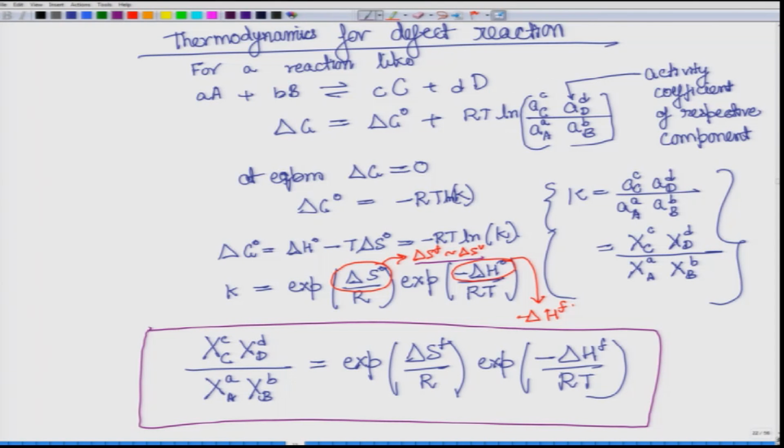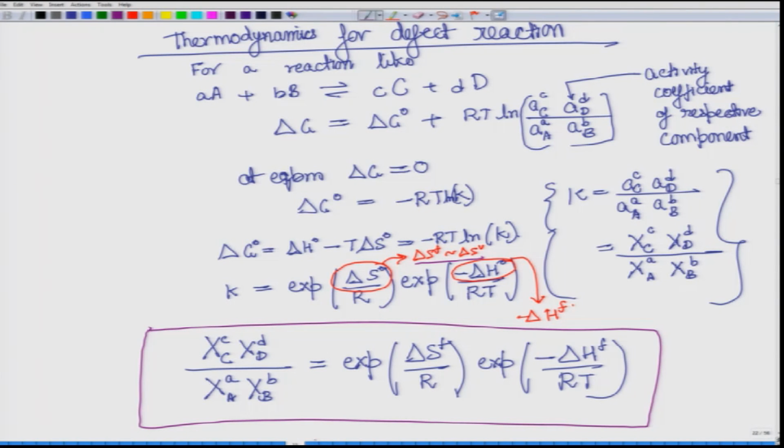We have to be aware of that, since all of that has been taken into account when we get this relation. So, instead of going through the whole process of configurational entropy, we can just directly use this defect reaction and get the equilibrium concentration.